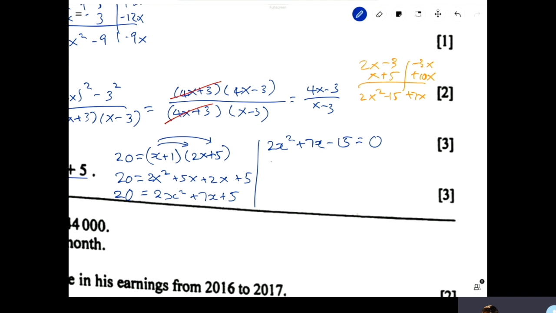Okay, so the factorized form is 2x minus 3 times x plus 5 equals 0. And I can split into 2 here because when you multiply both, you get 0. So either 2x minus 3 equals 0 or x plus 5 equals 0, x equals minus 5.